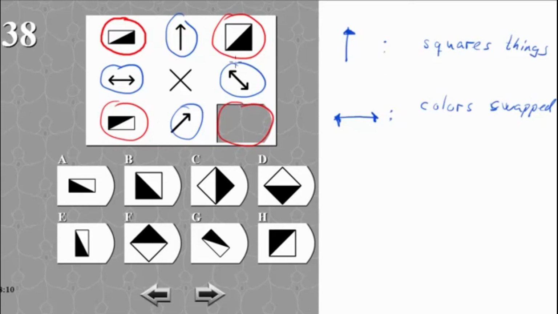So this is our theory, and let's try and apply it to this object. We have this figure here. We have a single arrow, so it should turn into a square. So that would be like this.